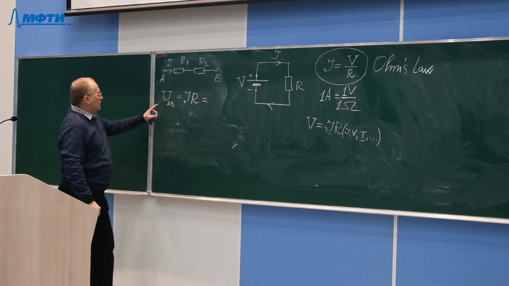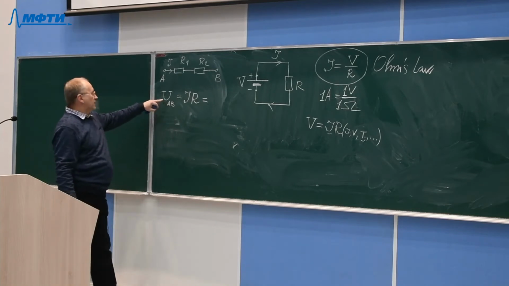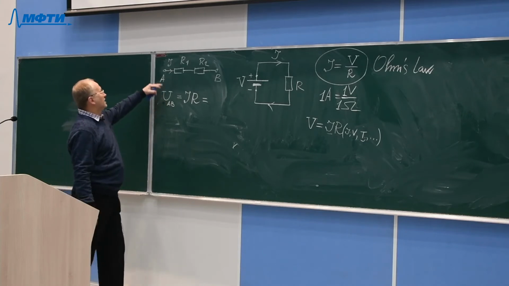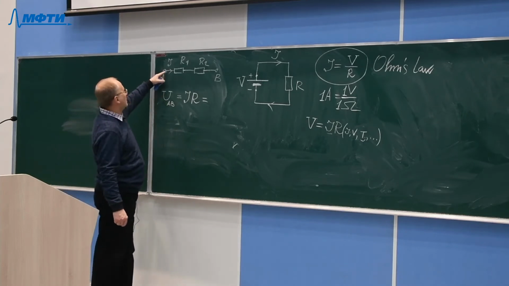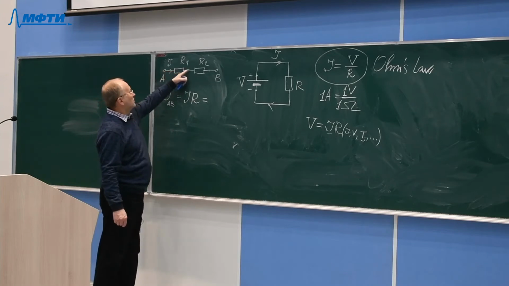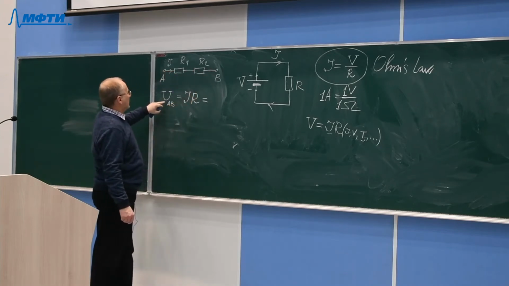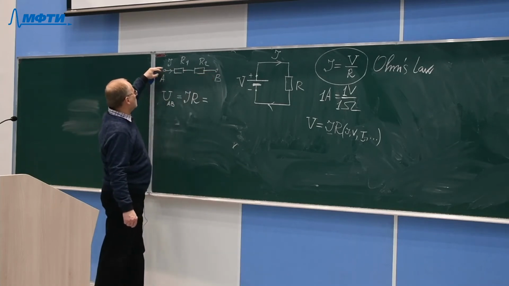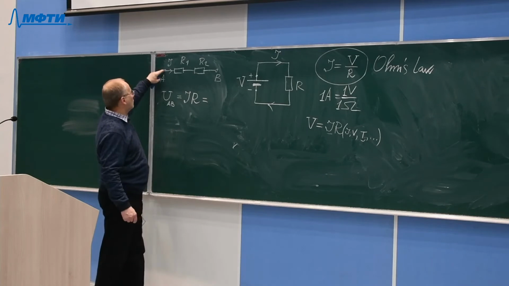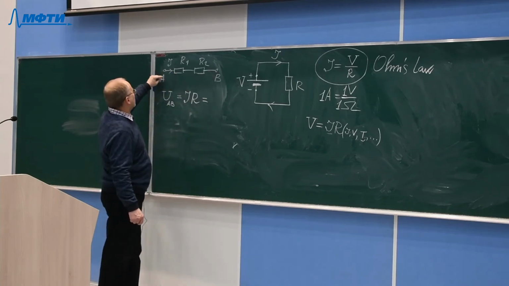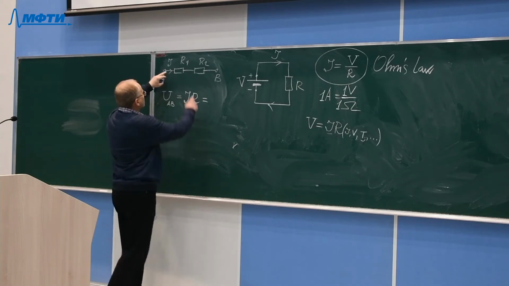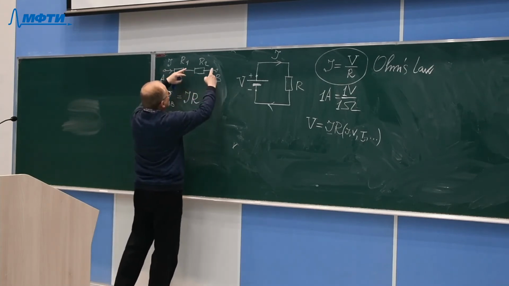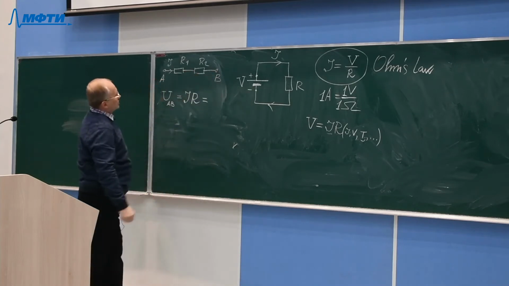But if we recall what a potential difference is, that this is the work which is produced when we carry a small element of electric charge through the circuit, then we will immediately understand that the total work performed when we move a small electric charge from point A to point B will be the sum of the work done on the first resistor plus the work done when we carry the charge on the second resistor.